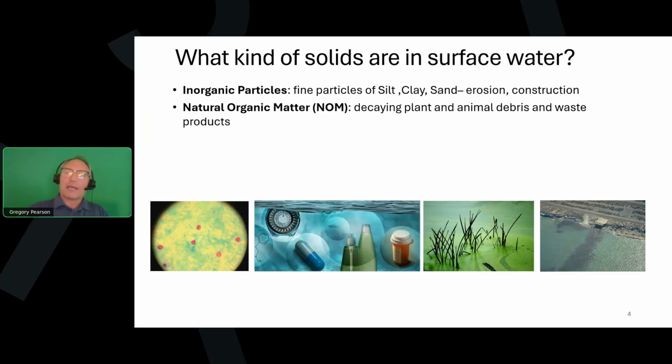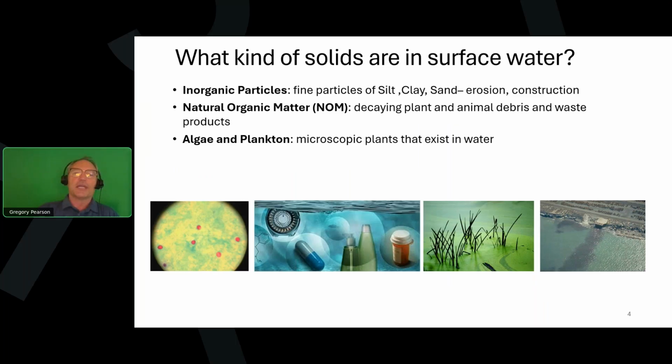There can be natural organic matter, and that's basically from decaying plant and animal matter that gets into the surface water. Surface water is not protected like groundwater, so it can experience runoff from land. It can experience debris such as plant and animal decay materials and silts, and even pollution that can easily enter the water.